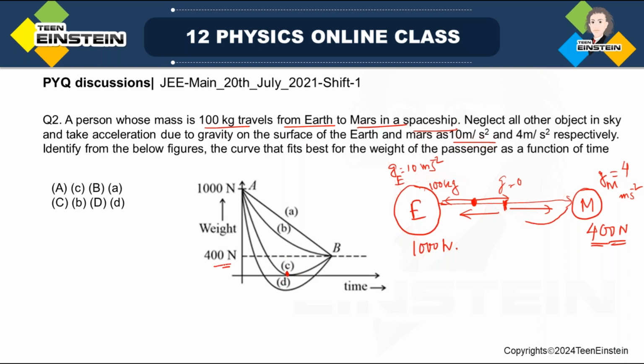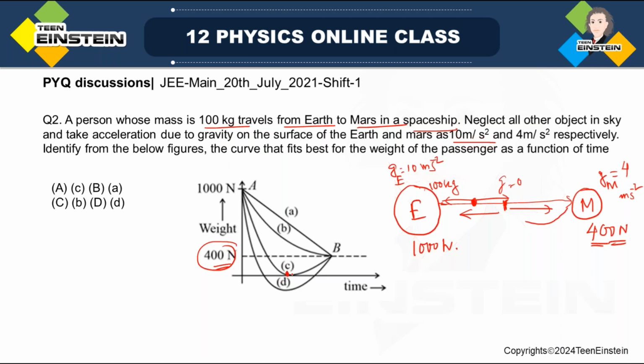Look at this one, see this C. At a certain point it will decrease continuously, and even go to 0 at the point where the force of attraction by the earth and by the Mars will be the same in magnitude but opposite in direction. They will cancel each other, so there will be 0 force of attraction. So the person will feel weightlessness.